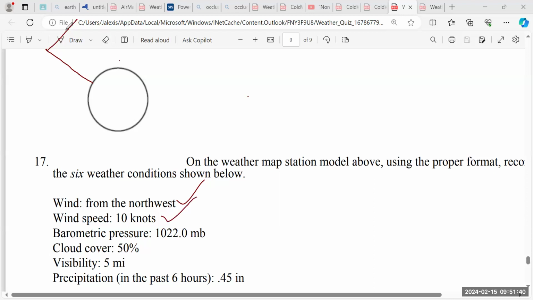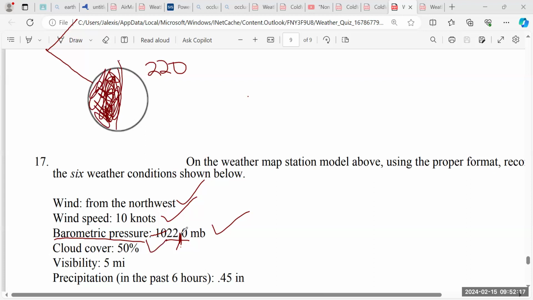Now it says barometric pressure of 1022 millibars. Remember, when you're converting it back into the weather station model, you remove the 10 in front and the decimal, and what's left is 220. Cloud cover is 50%, so it's going to be 50% shaded in.